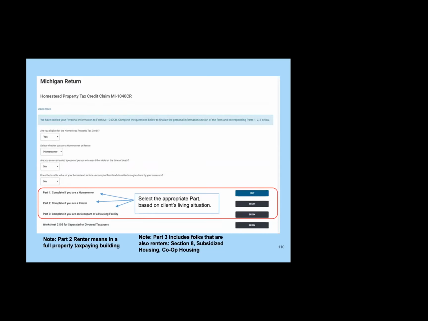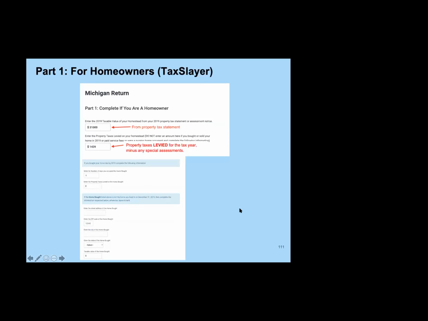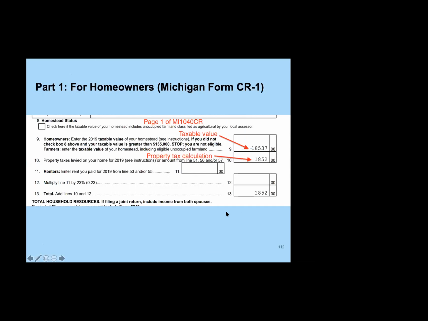So that's a little bit confusing. You've got to really watch the words, and you've got to go back to the form to make sure it all makes sense. This is what it looks like for the homeowner. And this is where it goes into that form that I showed you at the beginning of the night. There's his taxable value and the summer and winter property taxes added together.